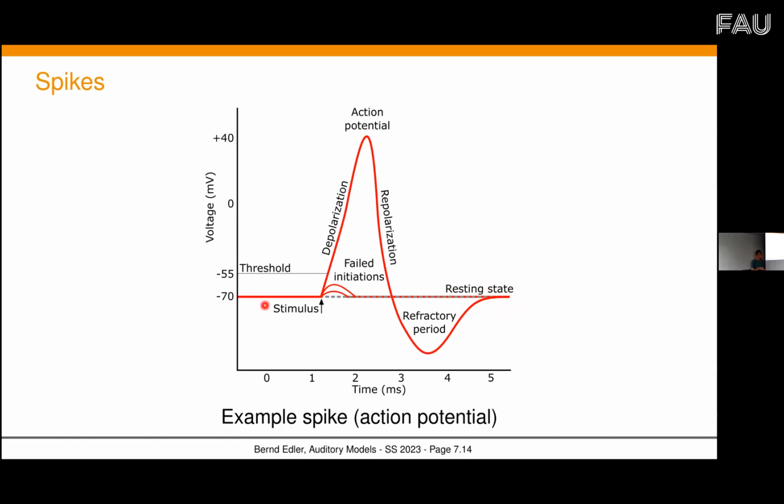And what is important is that the spikes have a constant amplitude. That means the amplitude of the spikes does not convey information about the strength of the audio signal, but just the number of spikes, because either there is a spike or there's no spike. So these failed initiations don't count. Either it has the full amplitude or there's no spike.